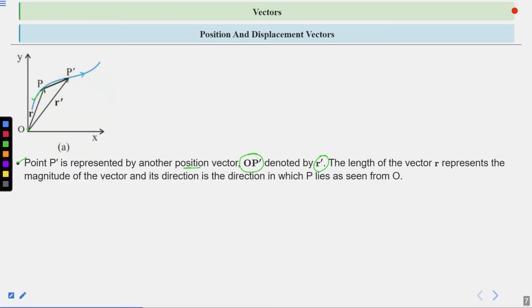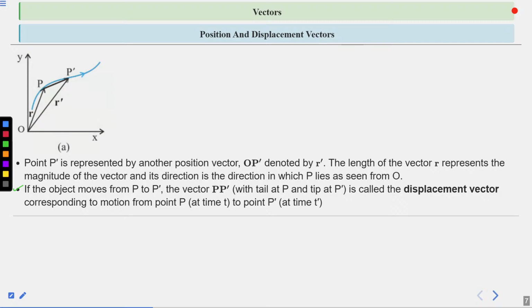And suppose the particle changes position from P to P prime. In that case, what is the PP prime? PP prime is a displacement vector.